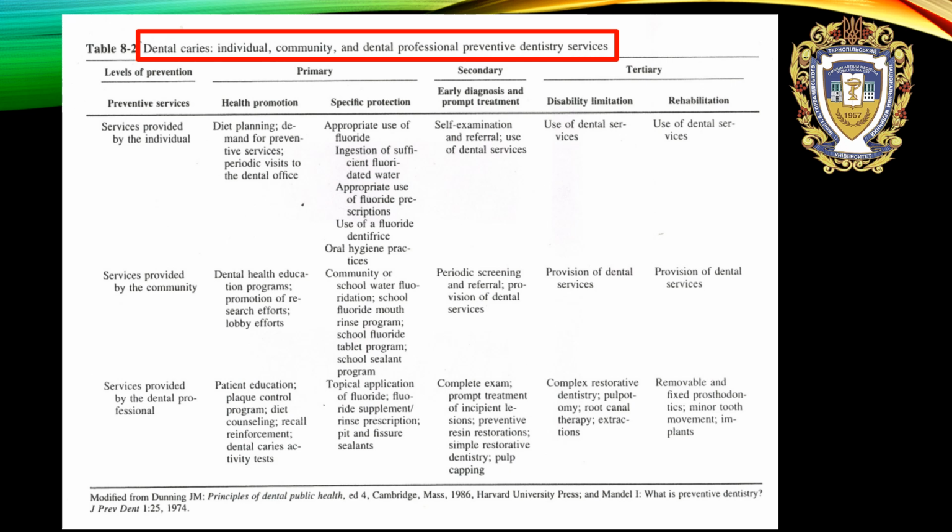The secondary level of prevention will be early diagnosis and prompt treatment of oral diseases or dental diseases. And services provided by the individual will be self-examination and referral, use of dental services.